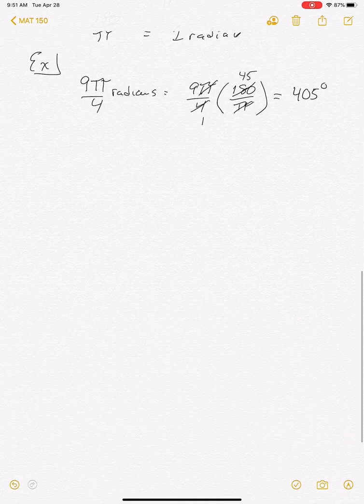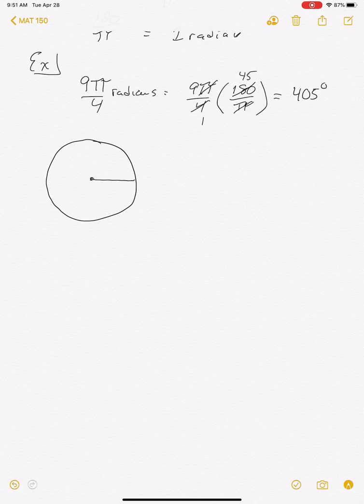Now let's take a look at the circle again. If I had this angle theta, this is a radius, and S is the measure of some arc. The length of the arc is what I'm really looking for. How do I find the length of an arc? A lot of it depends on what the radius is.